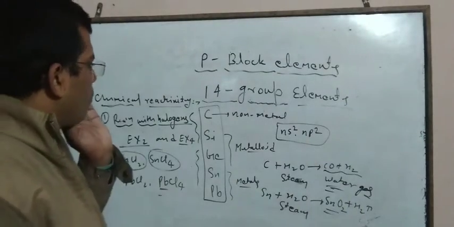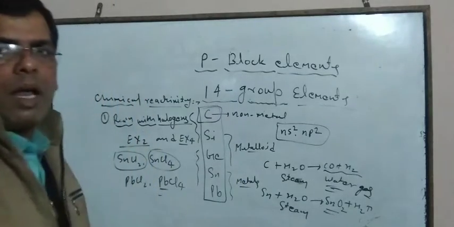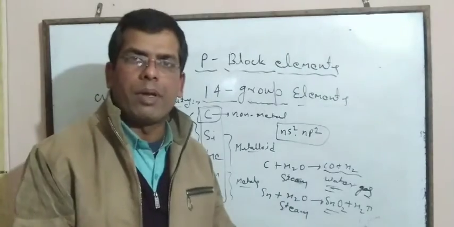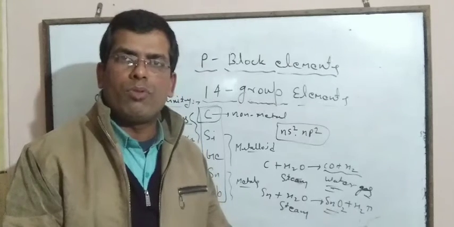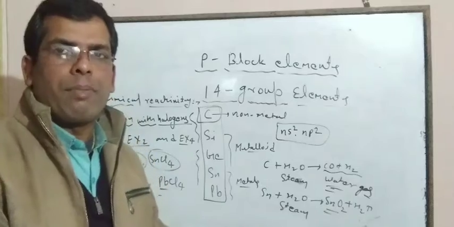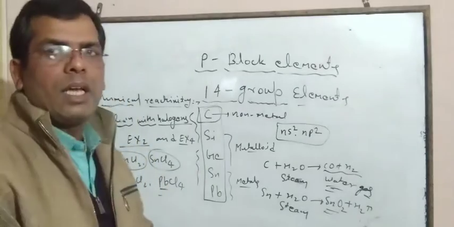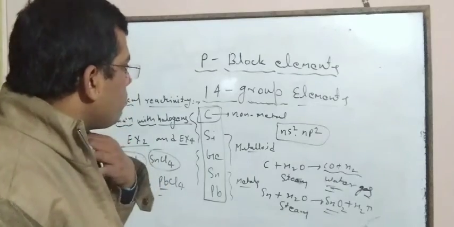Now, in this group, carbon has an abnormal behavior. Carbon shows some quite different properties with respect to other elements of group 14. That is known as abnormal behavior.